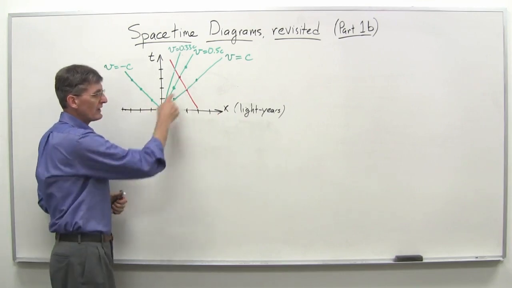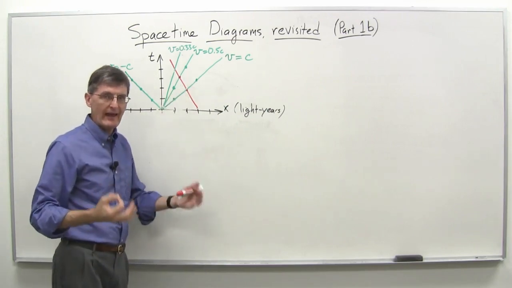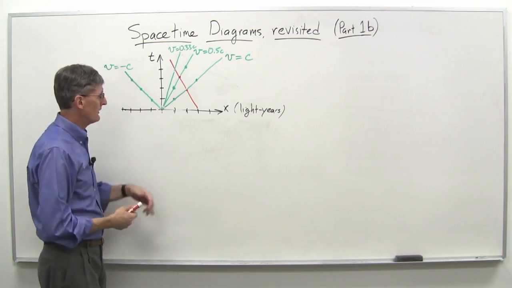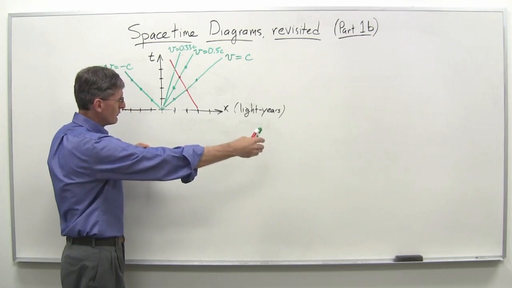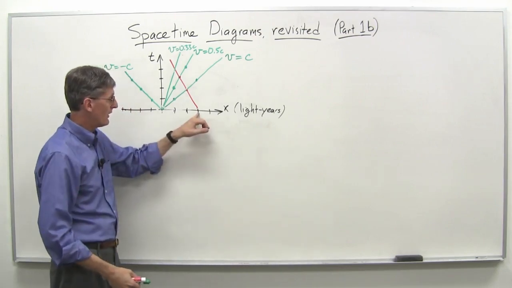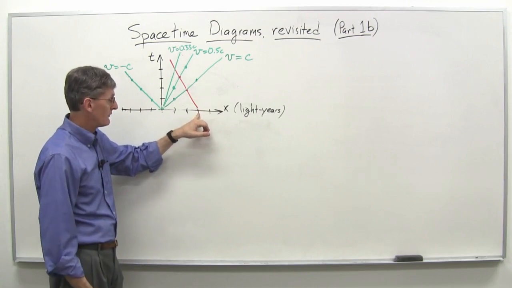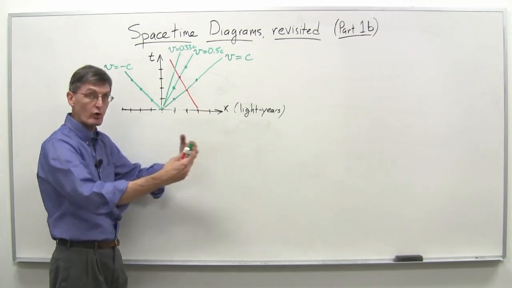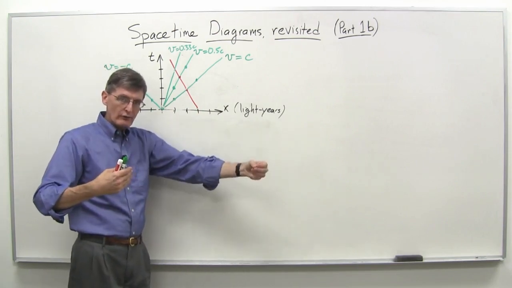When you have the intersection of 2 world lines, that means those 2 objects inhabit that space-time point at the same time. In other words, if we had shot a light beam off from the origin here at t equals 0, and at the same time we had some object, a spaceship say, that starts at the x equals 3 light year point and then starts moving toward us along the x-axis, somewhere in between, those 2 objects would meet.